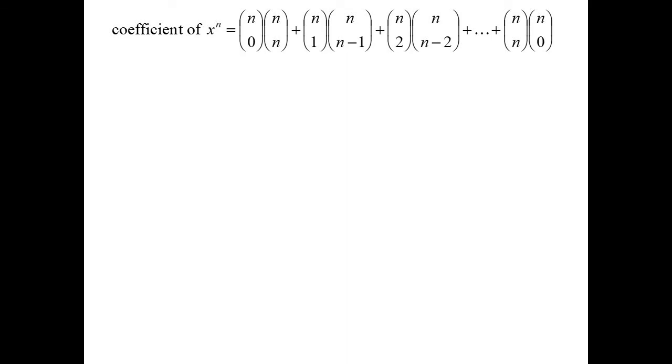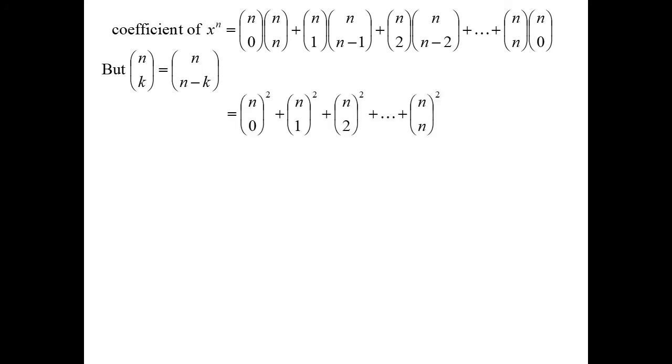So nC0 times nCn, nC1 times nC(n minus 1), nC2 times nC(n minus 2), all the way up to nCn times nC0. Now I'm going to use the fact that Pascal's triangle is symmetric. So nCk will equal nC(n minus k), which means the first one, instead of being nC0 times nCn, I can rewrite as nC0 times nC0, nC0 squared.